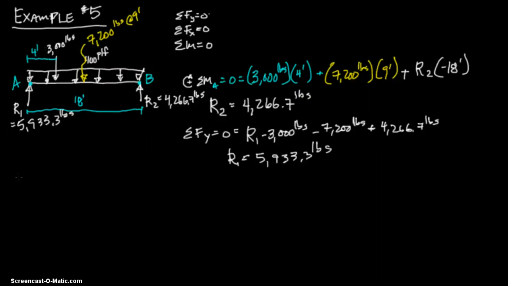We'll switch colors. So we have V as a function of X. And I'm going to try to line this up with the free body diagram. And this is the free body diagram up here. And then we go down and we go to the shear diagram, and then we'll go to the moment diagram.